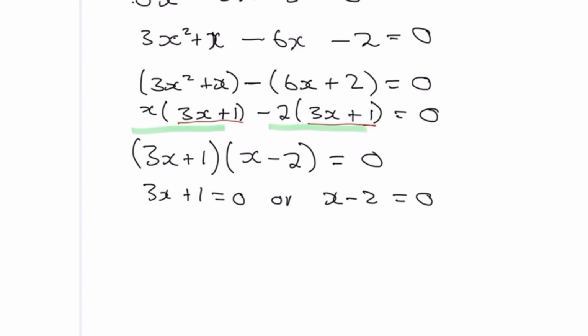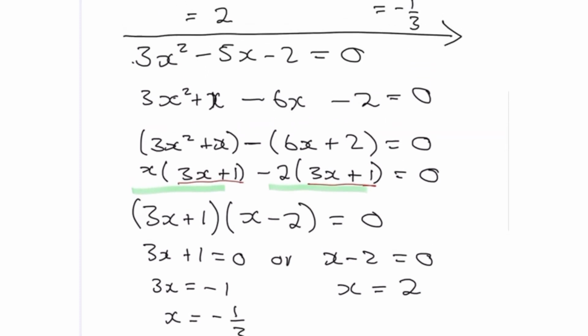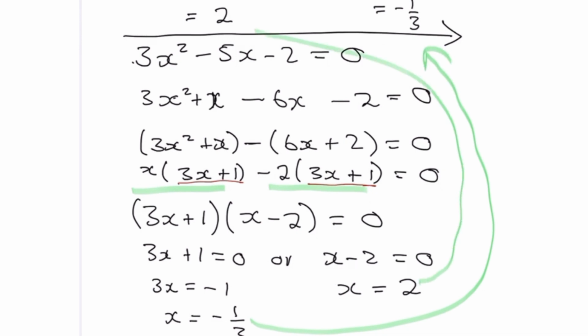Then this gives us 3x equals minus 1, and this one gives us x equals 2. From this we clearly see that our x is minus 1 over 3, and these are the solutions that we produced there. This one is there, and this one is here.